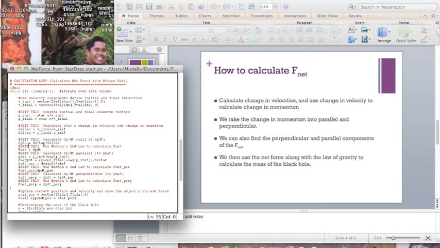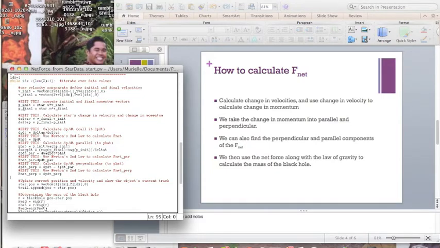Next, we go into another loop to find the initial and final velocities within each step. We do this by putting the x velocity, the y velocity, and 0 into a vector, and then we do this for the initial and the final. From there, we are able to find the initial and final momentum by multiplying the initial and final velocity by the star's mass.